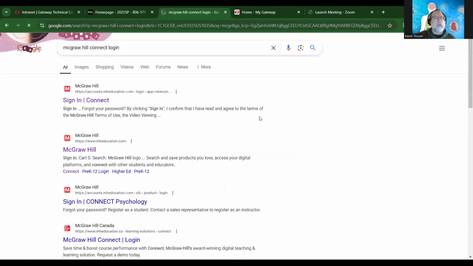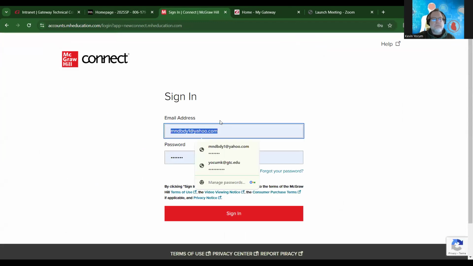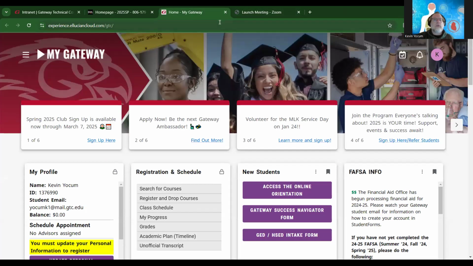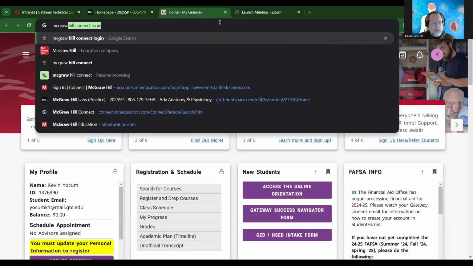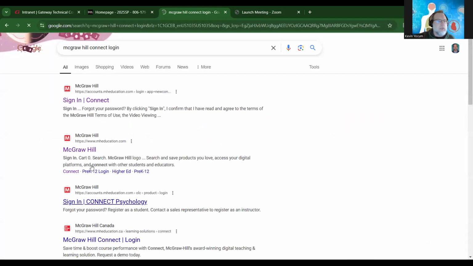McGraw Hill, log in. Okay. Go to my faculty one. Oh, for crying out loud. All right, let's try this again. See what I mean by McGraw Hill can be kind of finicky. For the most part, it actually works really well. Let's see.